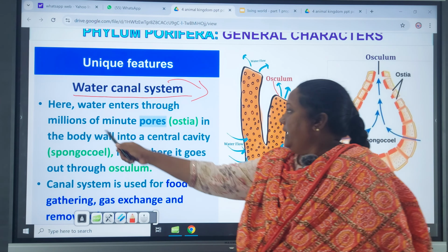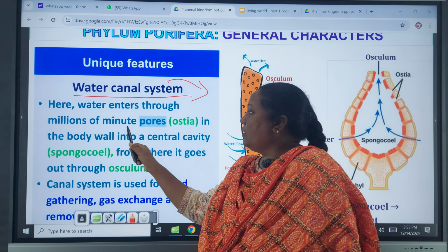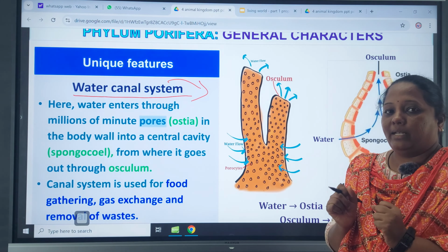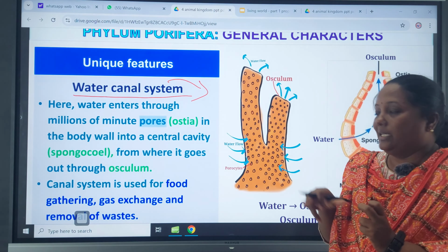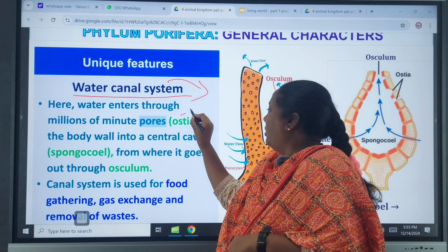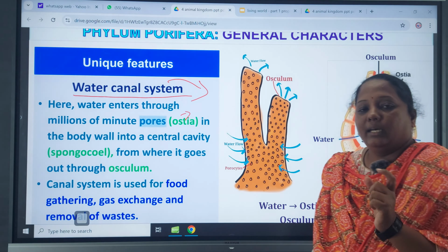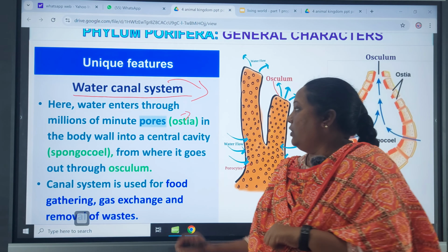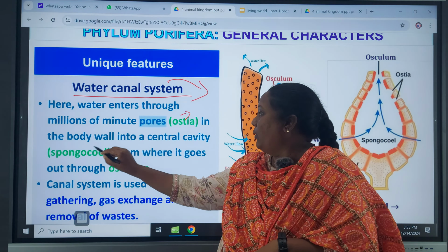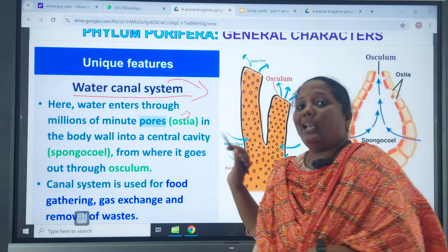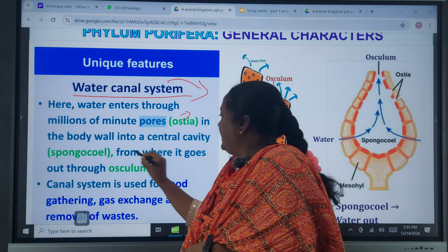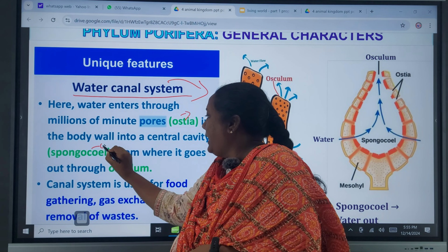Here water enters through millions of minute pores present on the body of the sponge. Those pores we call ostia. Water enters through the ostia in the body wall into a central cavity, which is called the spongocoel cavity.